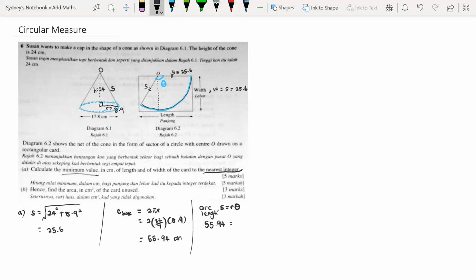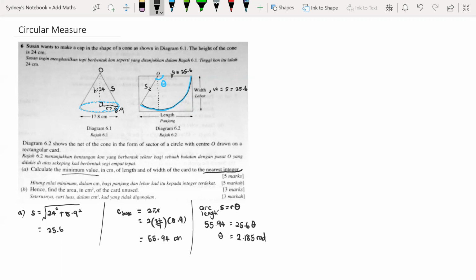The R here will be the radius of the sector. In this case, it is 25.6 theta. So let's find the theta. It will be in radian. So using the calculator, we have 2.185 radian.